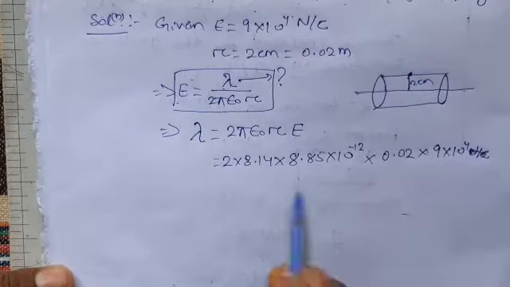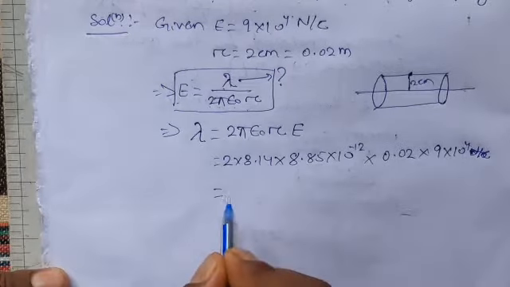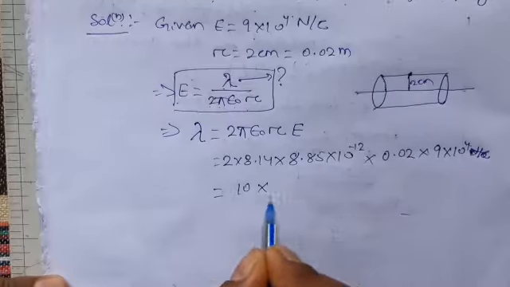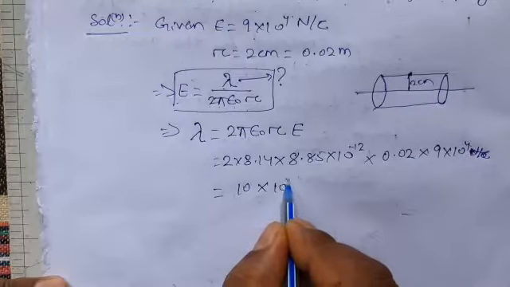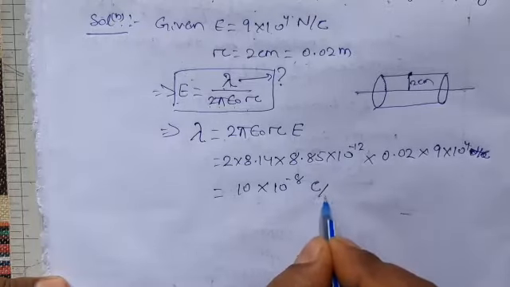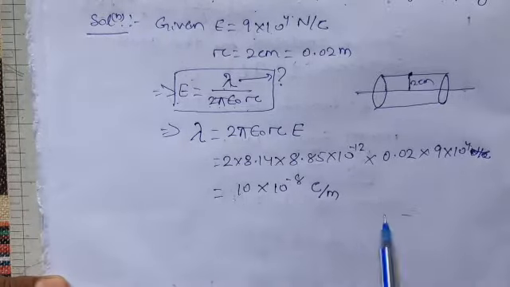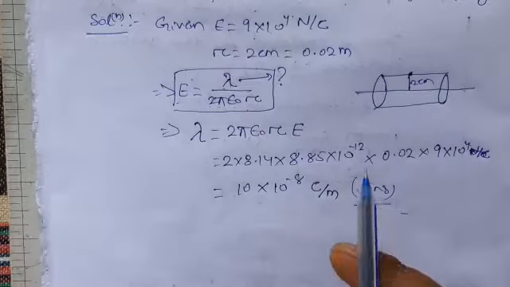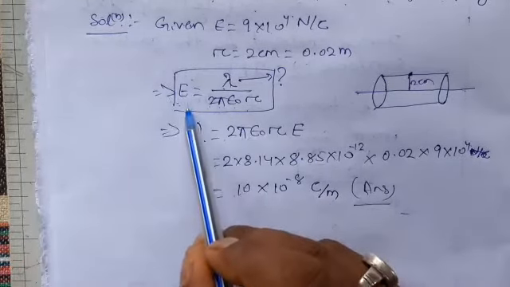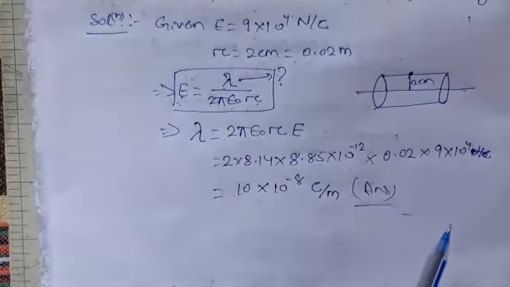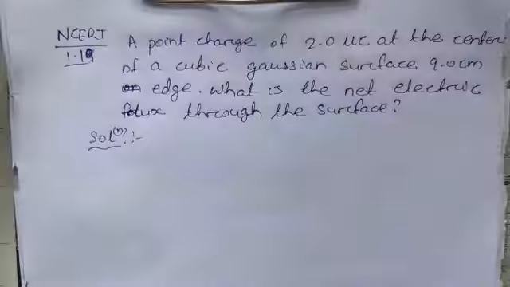If we calculate this, we will get the result 10 into 10 to the power minus 8 coulomb per meter. This is the answer. It's a very easy question, but you have to know the first application formula, E equal to lambda by 2 pi epsilon naught r.